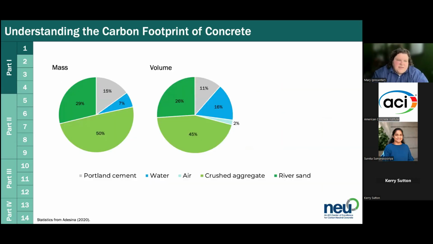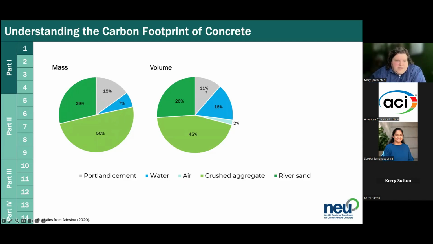So now if we dig a little bit deeper into concrete, what is concrete? Well, it's Portland cement, water, air, of course, crushed aggregate, and river sand. So you could just say fine aggregate, coarse aggregate, you could say sand and rock, okay? At its most basic, this is what it is. And you can see that about 3/4 of it is aggregate, and then there's about a 2-to-1 ratio of cement and water, okay?